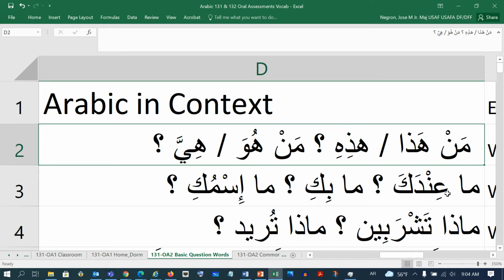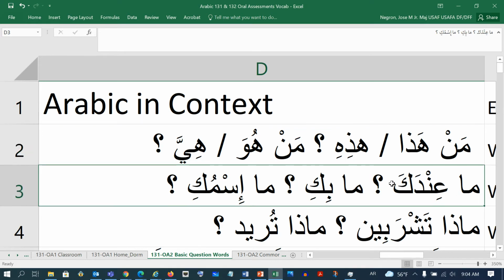So ma indaka literally translates as "what is at you," but in English loosely translates to "what do you have." If you're talking to a woman, you would say ma indaki, ma indaki. What do you have? Or what is at you?